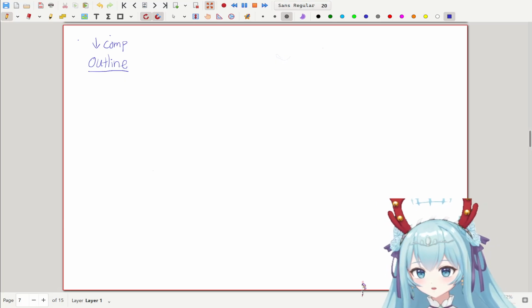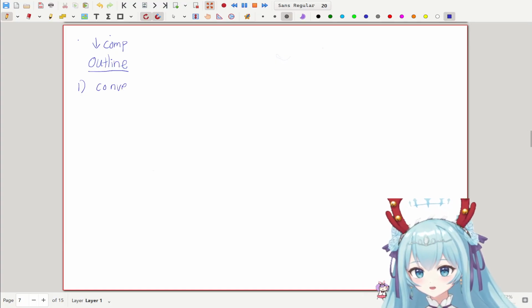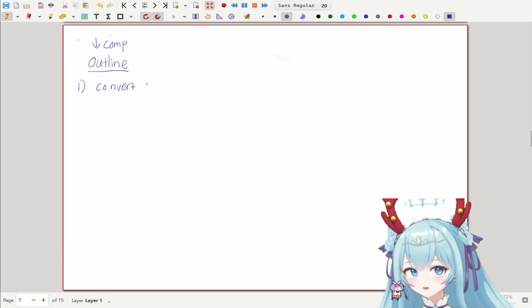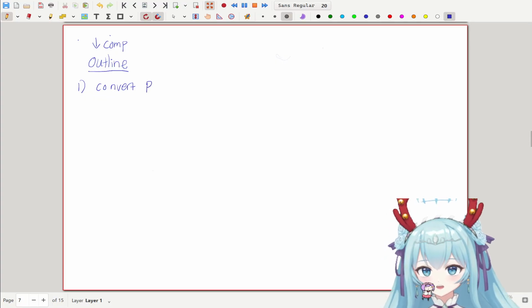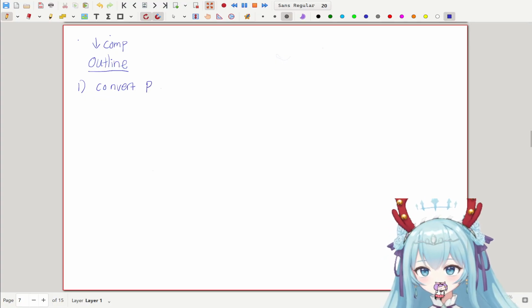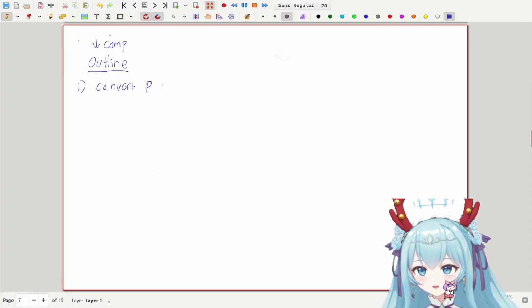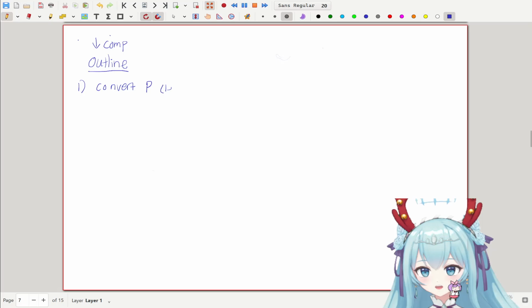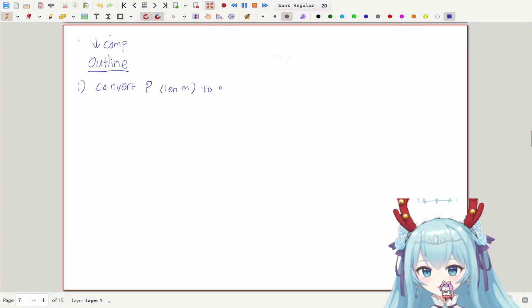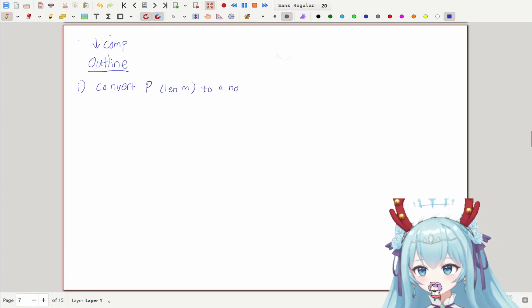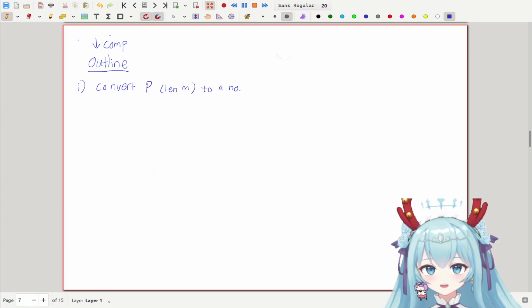The first main step is that we'll convert P, which is our pattern, and it has length of m, to a number. The number in this case will be small p.